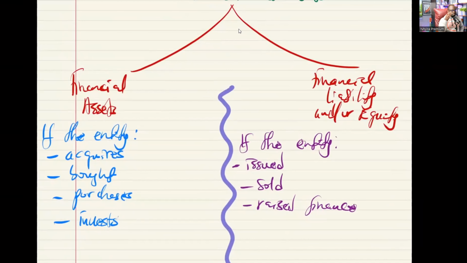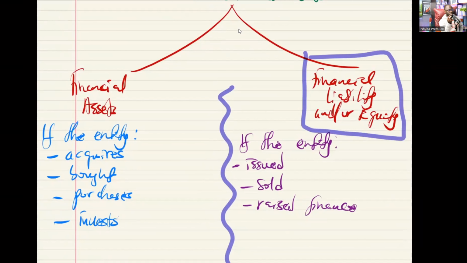But if the other party can recognize a financial liability or equity instrument, how then do we know that this is a financial liability or this is an equity instrument? To determine whether a financial instrument is a financial liability or equity instrument, there is a key question that we ask, and the answer to that question will determine whether it is a financial liability or an equity instrument.